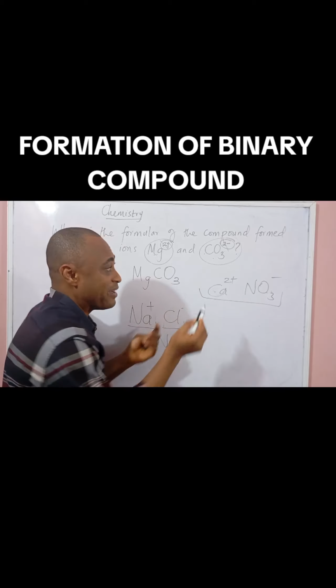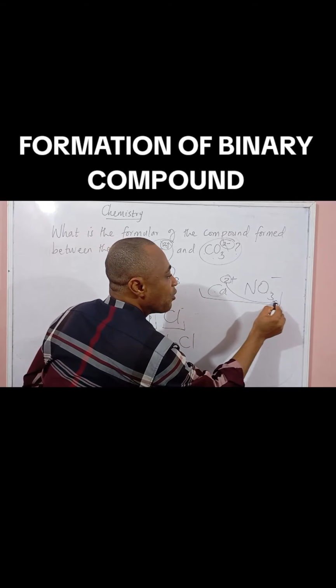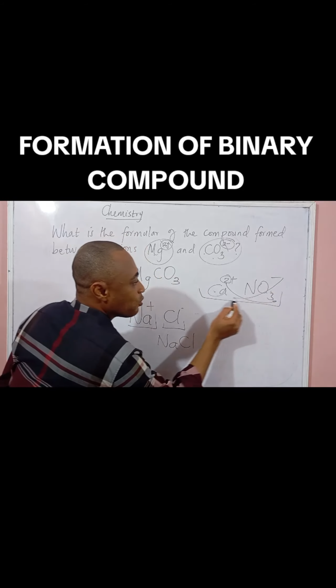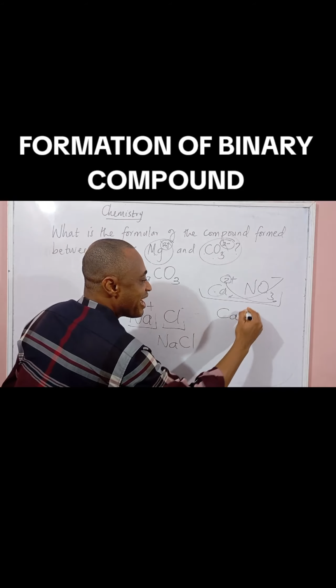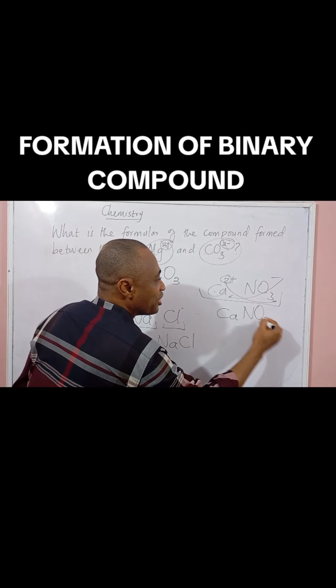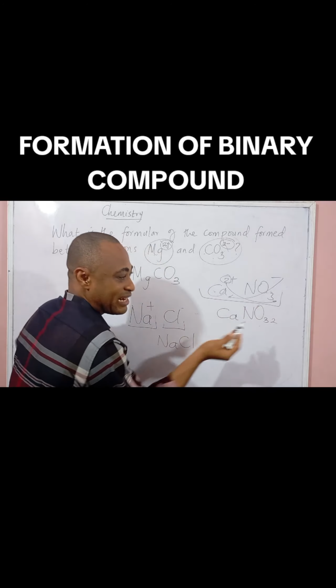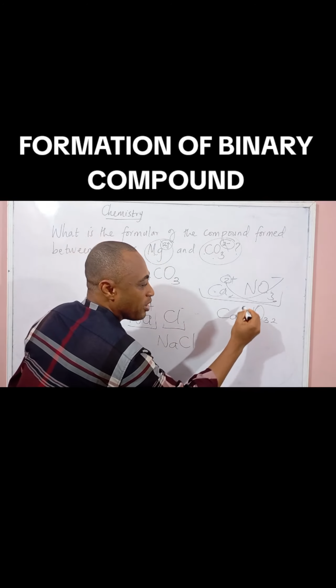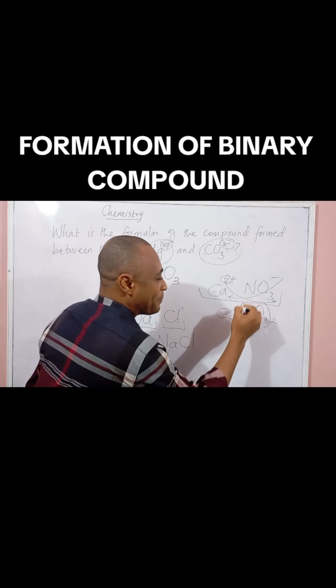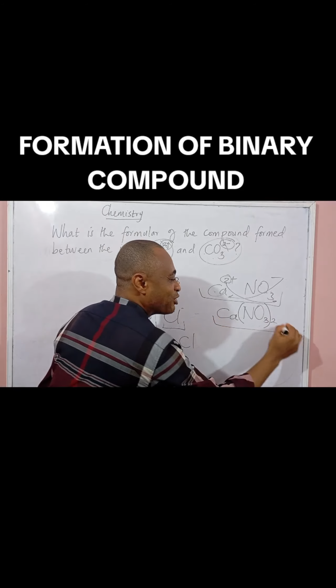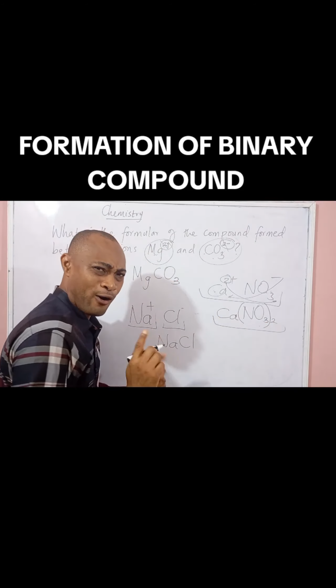Because the numbers are not the same, this 2 will jump over to nitrate. This 1 will jump over to calcium. So what do I have here? Ca(NO3)2. Remember, there is a 2. Now, because you cannot expose these numbers, you use a bracket to encapsulate this. So this is my calcium trioxonitrate(V). I hope you got that.